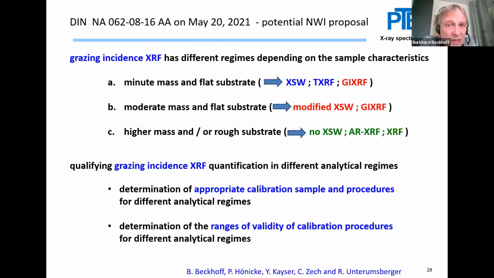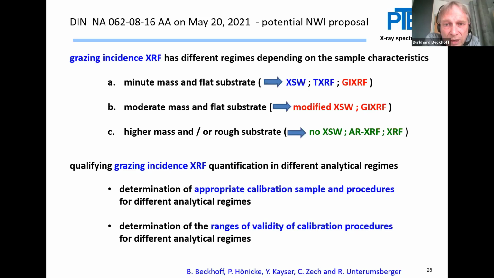What does it imply for the grazing-incident XRF regimes? When dealing with minute mass, and minute mass depends on the kind of substrate and the incident photon energy, and a flat substrate, we're having undisturbed X-ray standing wave field and optimal TXRF conditions.